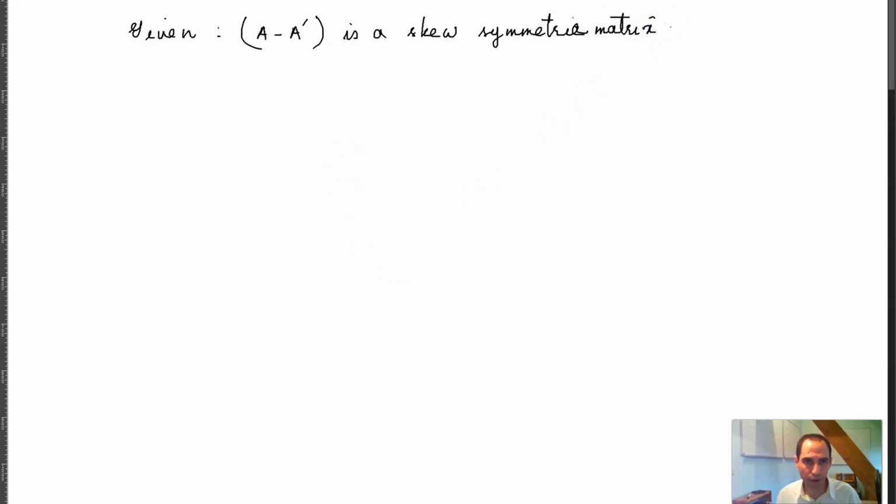And what that means by definition is that the transpose of the matrix, A minus A prime whole prime, is equal to negative of A minus A prime.